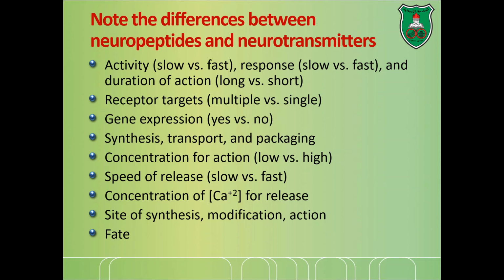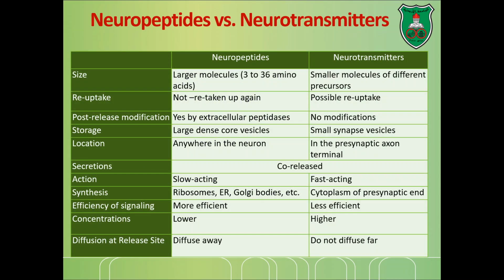There are differences in terms of the concentration of calcium ions required for fusion of vesicles containing neuropeptides versus small molecule neurotransmitters. There are differences in terms of site of synthesis, modification, action, as well as inactivation. Now, this table also shows some of these differences between the two.